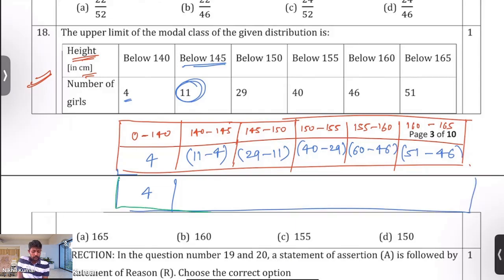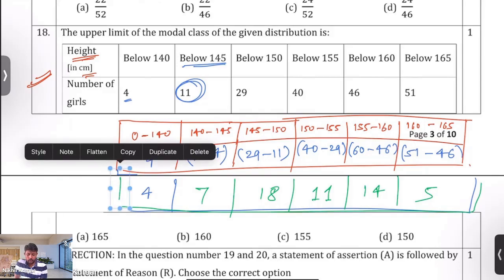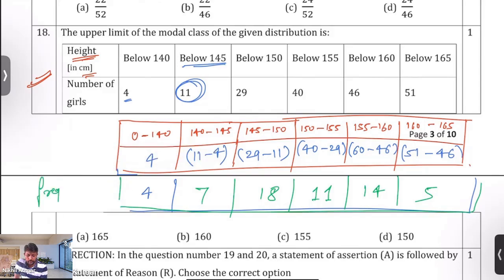This is 4. 11 minus 4 is 7. 29 minus 11 is 18. 40 minus 29 is again 11. 60 minus 40 is 20, 20 minus 6 is 14. And 51 minus 46, we have 5. So, this is the frequency.